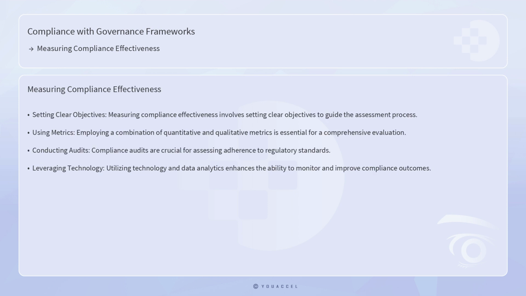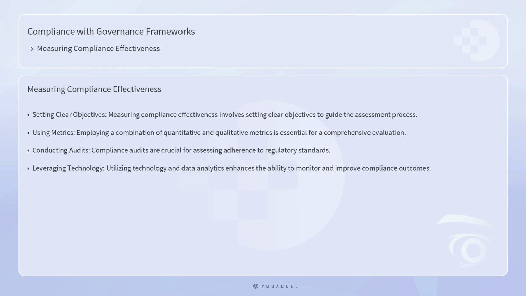In conclusion, measuring compliance effectiveness is a multifaceted process that involves setting clear objectives, using a combination of quantitative and qualitative metrics, conducting compliance audits, benchmarking against industry standards, and leveraging technology and data analytics.